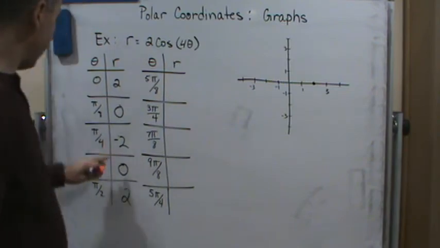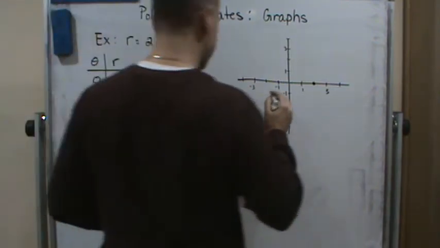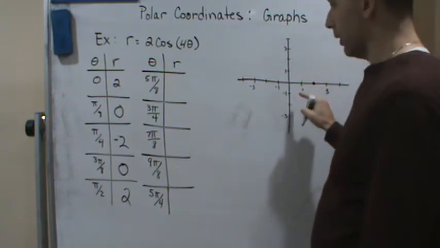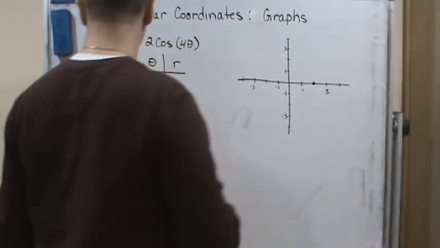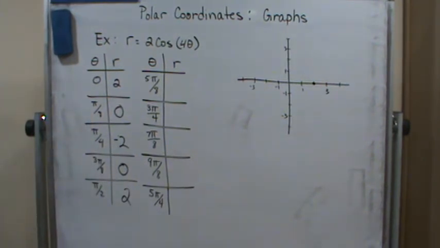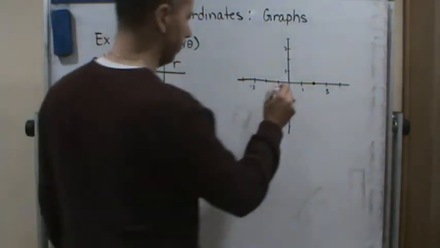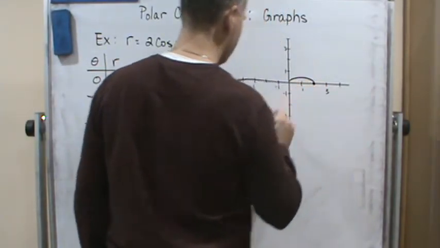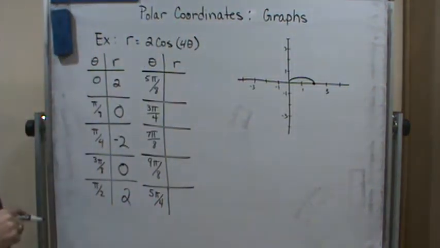So if I start with 0, I'm at 2, and from 0 to pi over 8, I'm going to 0. Okay.